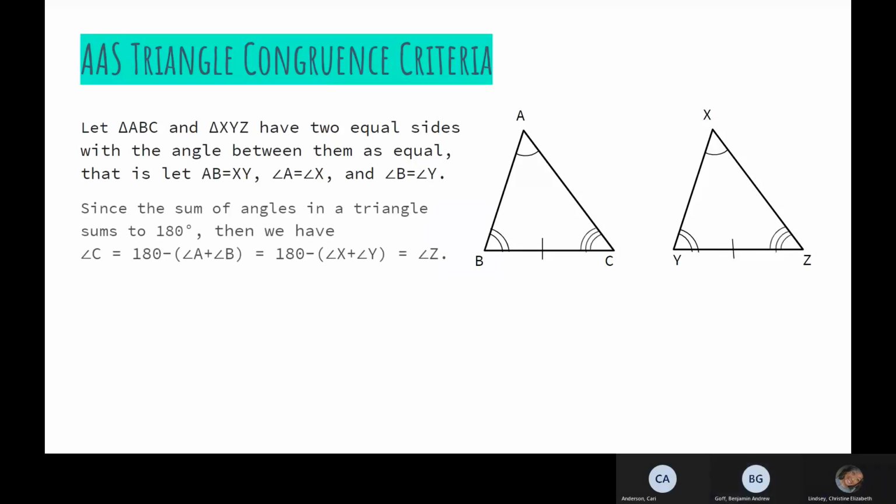So what we know is that the sum of angles inside a triangle must sum to 180 degrees.